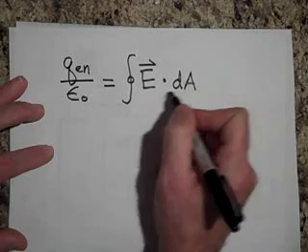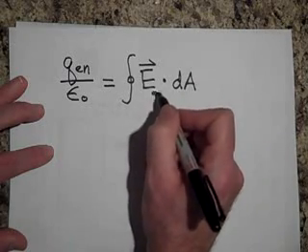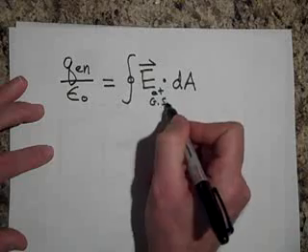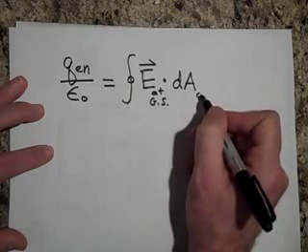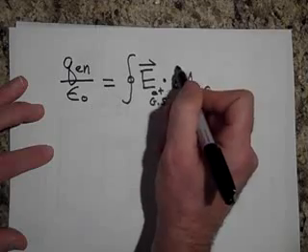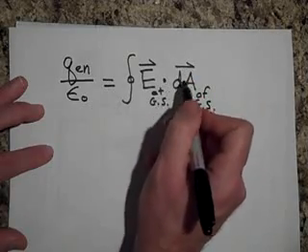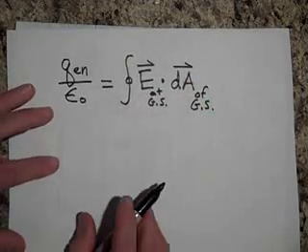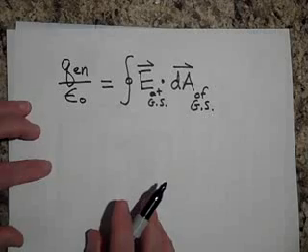And remember, this is the E at the Gaussian surface, and this is the dA of the Gaussian surface.